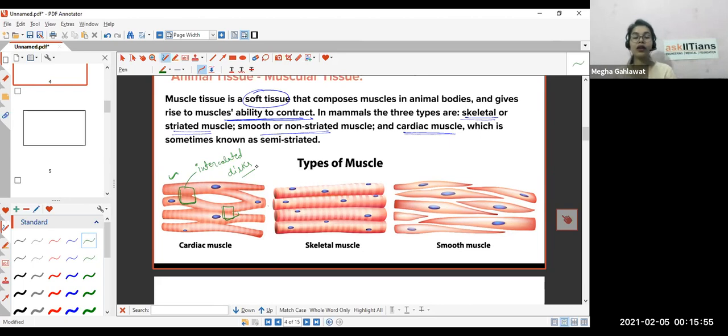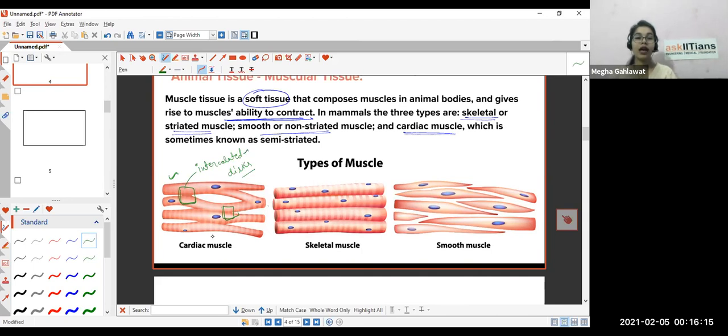Have you ever seen the different parts of the heart beating separately, like first part beating and then second part beating? No, right? The entire heart beats like lub dub, lub dub, right? That is because of these intercalated discs.